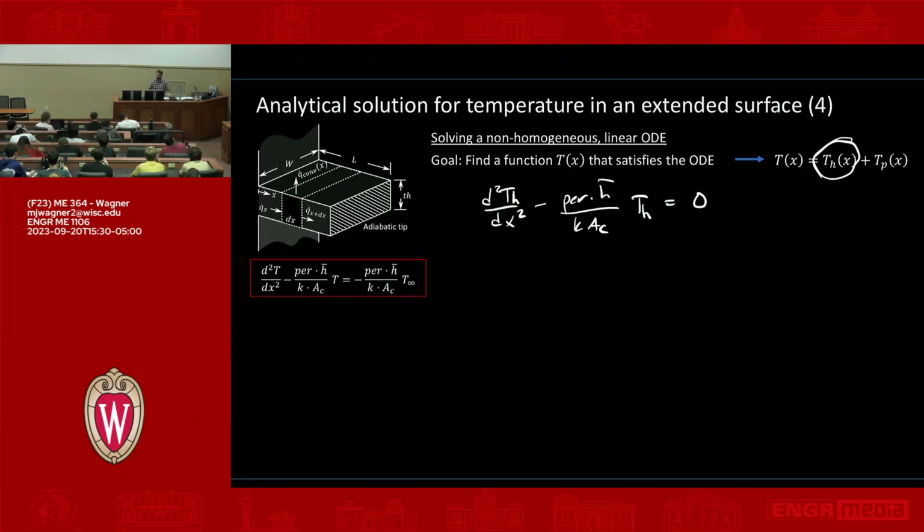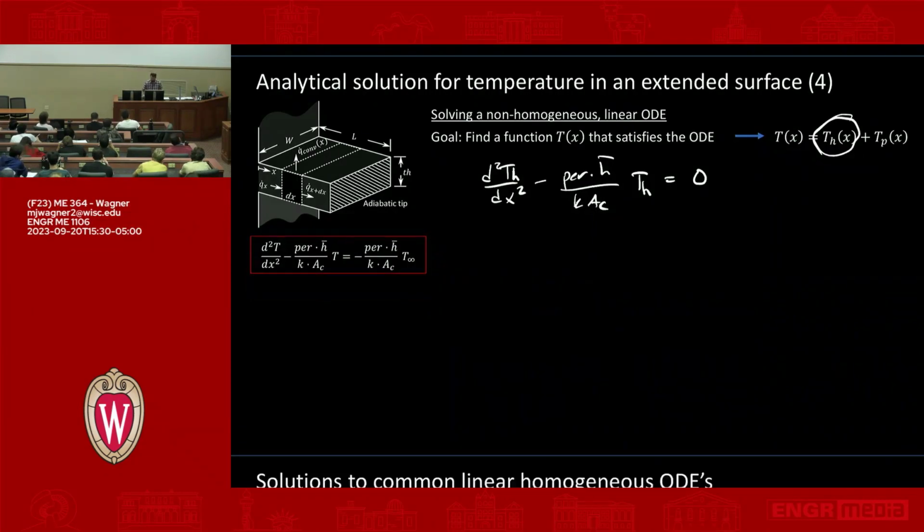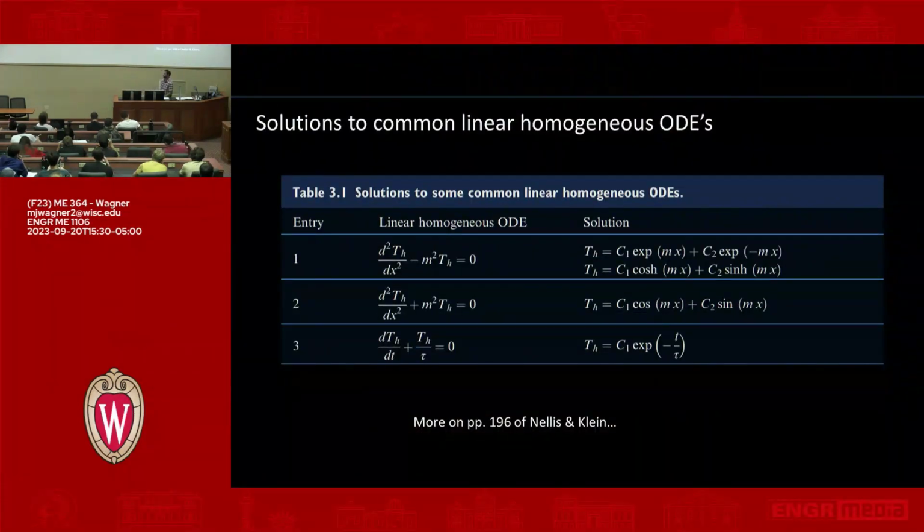This is actually kind of a short story. If you want to solve this equation, you can go look at a table. You could maybe remember from calculus that there are exponentials or cosines or sines that you can use for this. If we looked at a table, you might recognize a certain form, like the one on top there: d squared T dx squared minus m squared T_h.